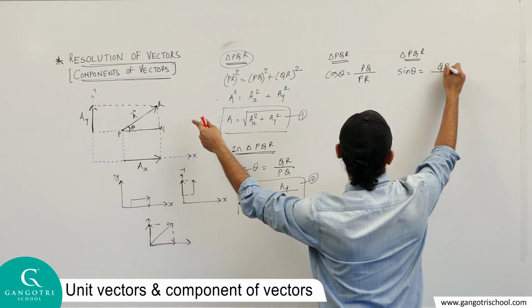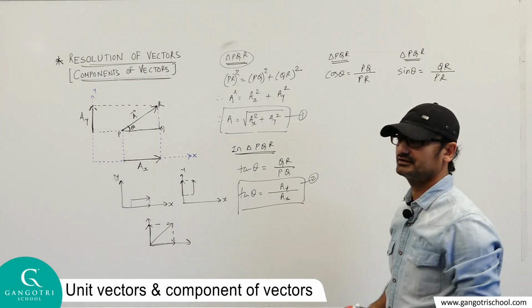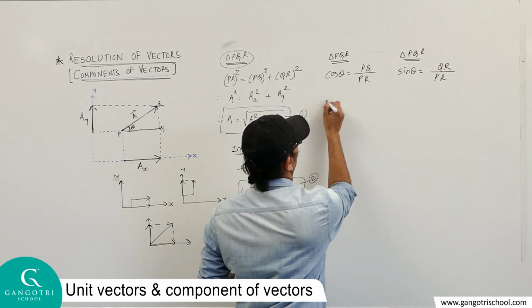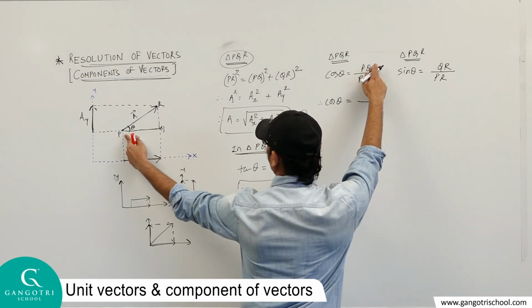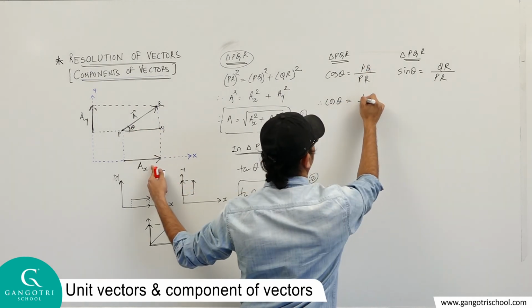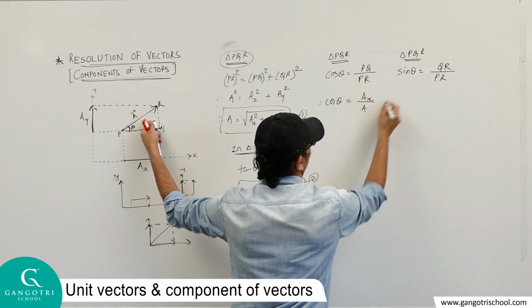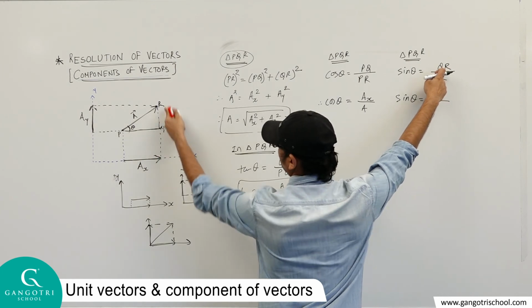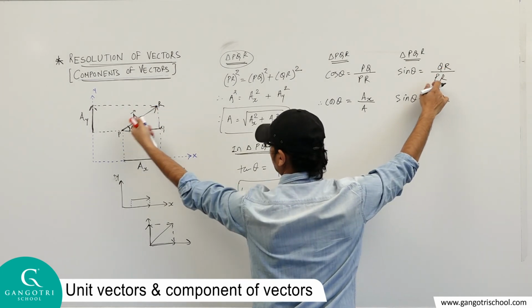Opposite side means QR, hypotenuse means PR. Let's put the values. Really, dear student, it's most important. So cos theta is equal to PQ, look at the diagram, P to Q is equivalent to AX, and PR is equal to A. Similarly here, sin theta is equal to QR, which is equivalent to AY, upon PR, our vector A.